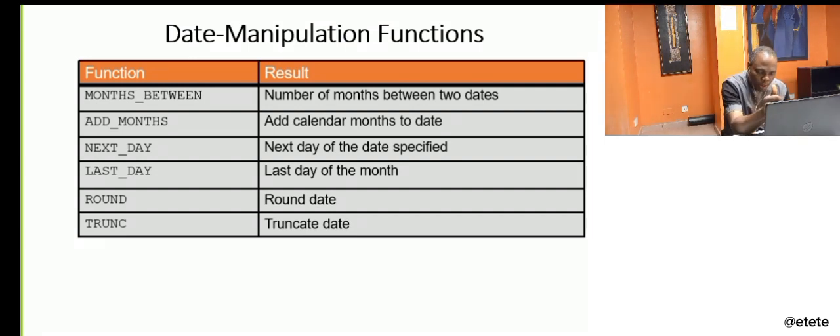Take me this number of months into the future. Take me this number of months into the past. So it's a time travel device that can move you from your present state to the future or from your present state to the past. That is what these functions are doing.